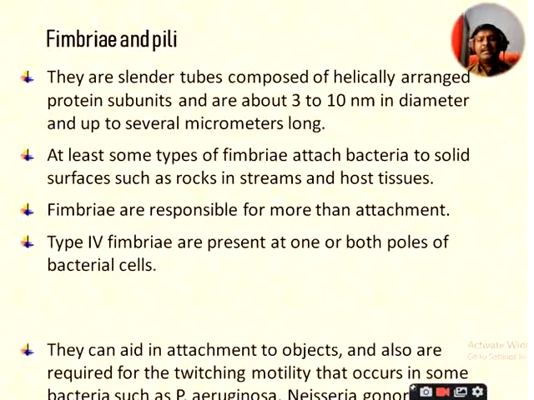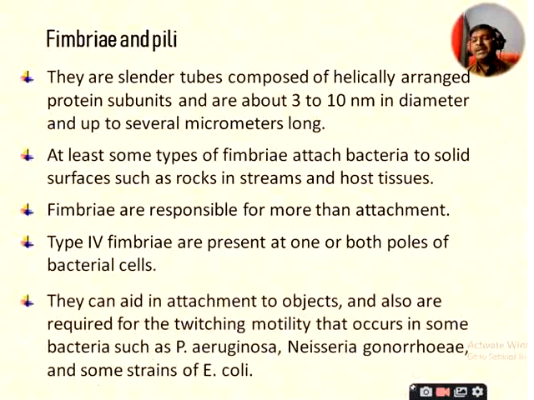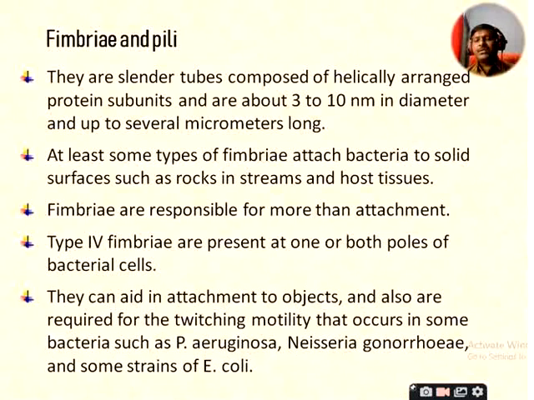They can aid in attachment to objects and are also required for the twitching motility that occurs in some bacteria such as Pseudomonas aeruginosa, Neisseria gonorrhoeae, and some strains of E. coli that bear such a type of Fimbriae. These Fimbriae help to move the organism or show the twitching type of motility.